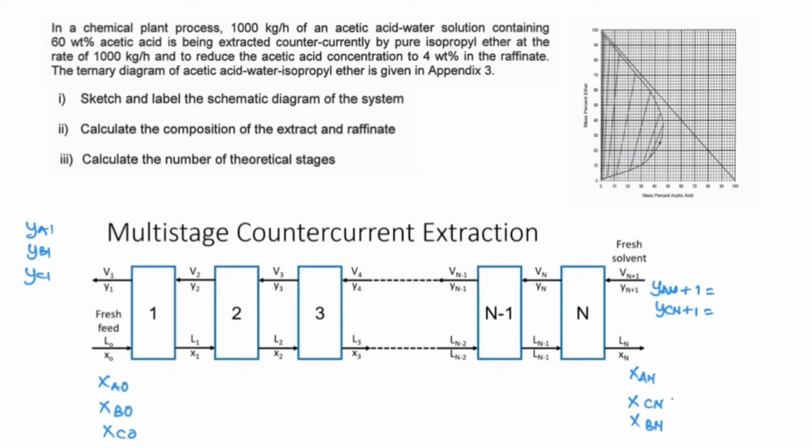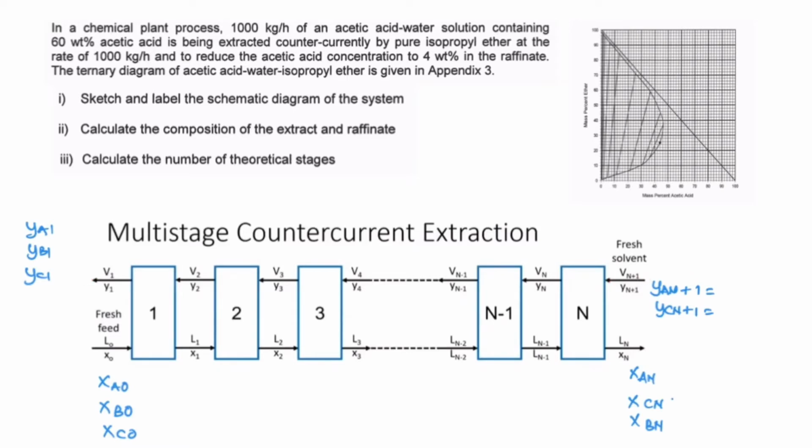To answer question number 1, which is to sketch and label the schematic diagram of the system, you need to draw the schematic diagram, which consists of 4 streams. So what streams do you have? You need to draw V1, Vn plus 1.